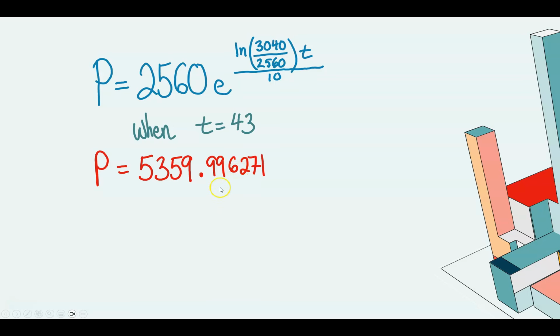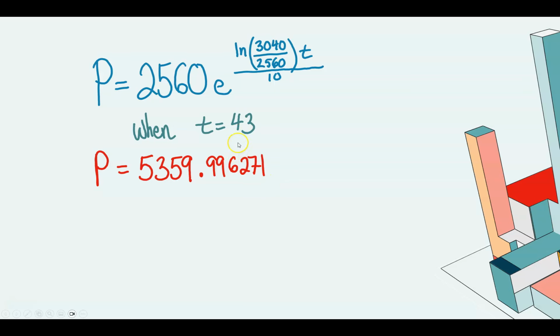So in 1993, the model predicted that there would have been 5,359,996,271 people, which of course is kind of ridiculous that we're pretending it's down to the nearest person.